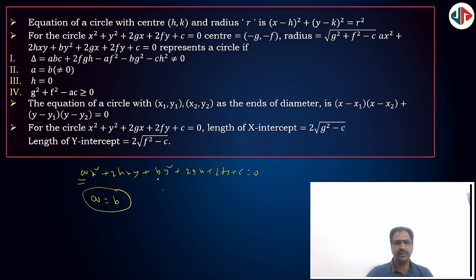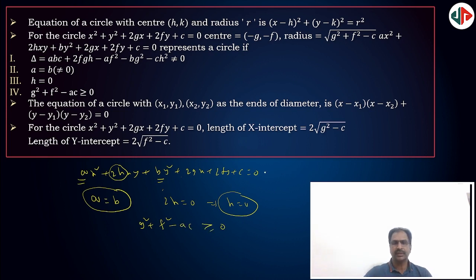And the coefficient of the xy term, that is 2h, should be 0, which means h is equal to 0. And the third condition is g square plus f square minus ac greater than or equal to 0.